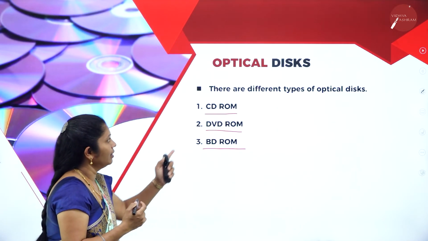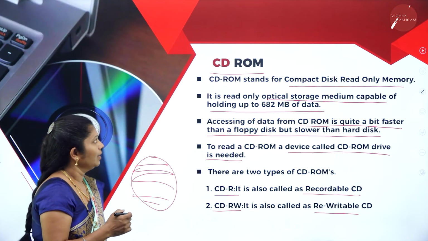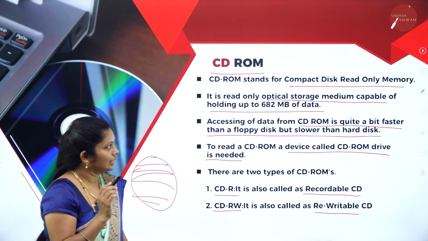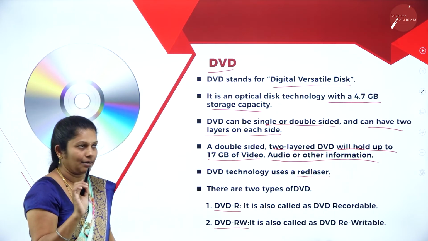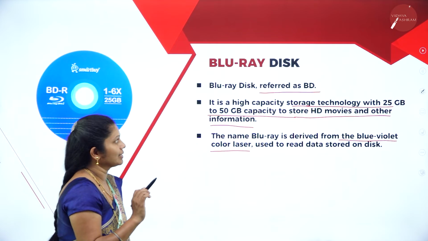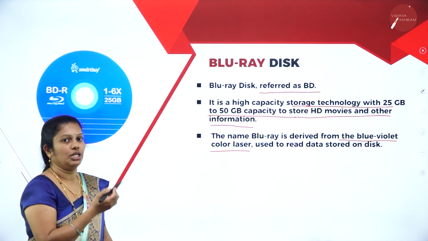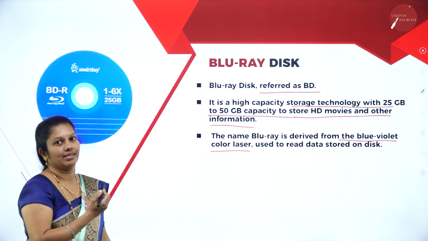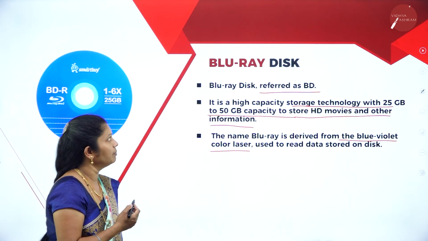The types are CD-ROM, DVD, BD. CD is compact disk read-only memory, DVD is digital versatile disk, and Blu-ray disk refers to BD. The capacity is more, especially with Blu-rays. Blue laser beams are used for reading as well as for writing.